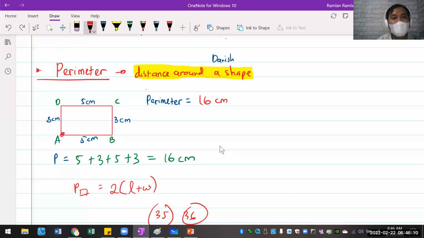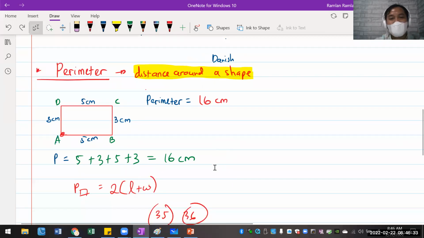You will go from here, and then there, and then there. So you won't be going like this, or like this. No, right? You won't go like that because it's not around a shape. Around means like berkeliling gitu in Indonesia.